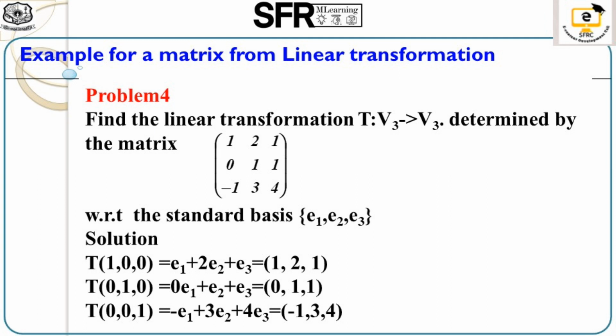Next value is T of (0,1,0), which is equivalent to 0 into e1 plus e2 plus e3. Therefore, we get the second row 0, 1, 1. The third value, T of (0,0,1), is equal to minus e1 plus 3e2 plus 4e3, that is equal to minus 1, 3, 4.